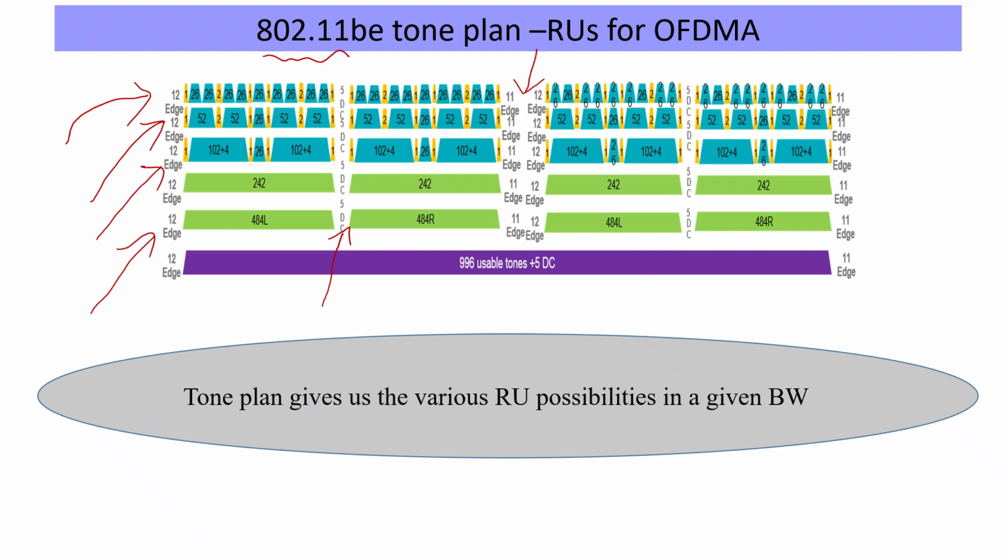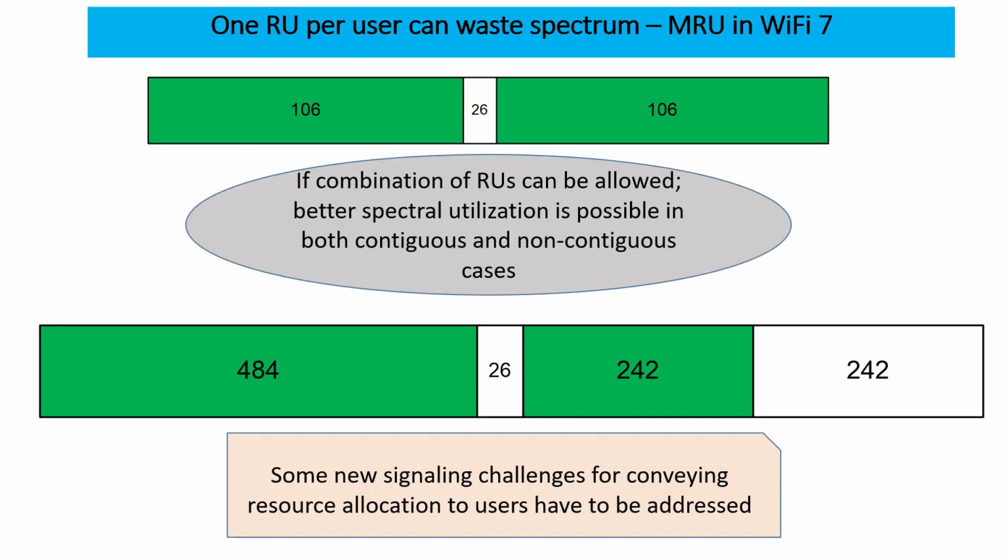So what else did Wi-Fi 7 do other than these cleanups in the tone plan? One of the features that they brought into play was MRU. The original RUs in Wi-Fi 6, which still remain an option in Wi-Fi 7, were contiguous. So remember that they were basically all bunched together, whatever be their size.